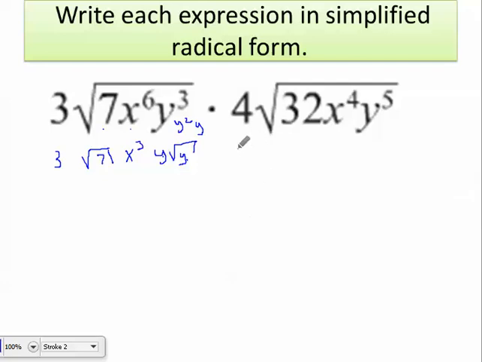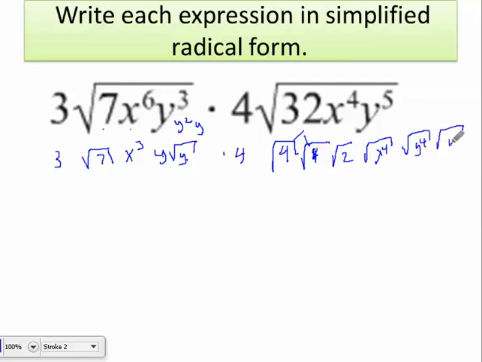Okay? And I've got times 4. The square root of 32 is 4 times 8. Yep, 4 times 8. Square root of 4, square root of 8. Whoop, that's the square root of 4 times the square root of 2. You see how I'm just making square roots of each one of them. Square root of x to the 4th, square root of y to the 4th, and square root of y.